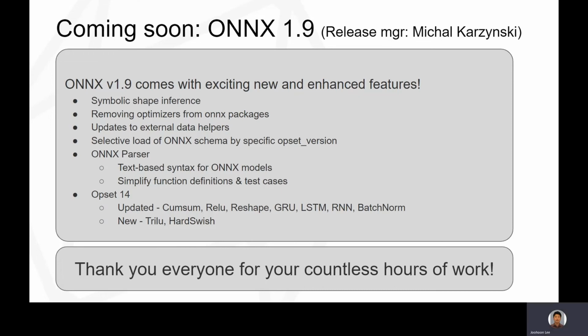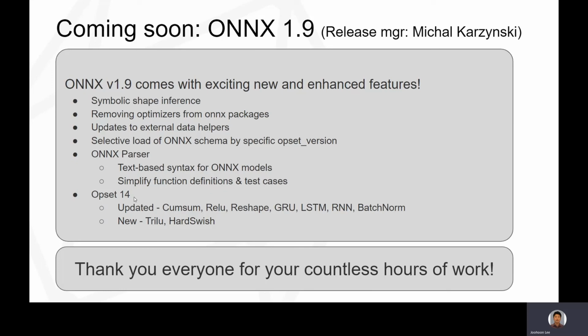And updates to the external data helpers that are related to the large model inference. And we are also enabling selective loading of ONNX schema by a specific opset version. And we are also introducing a text-based ONNX parser, which will simplify function definitions and test cases.